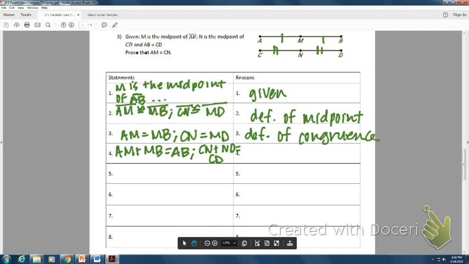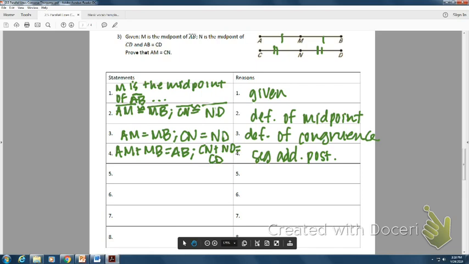And why is this? Very good. Segment addition postulate.